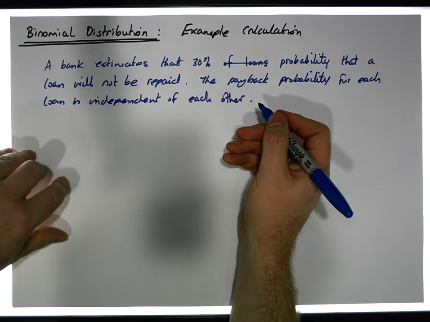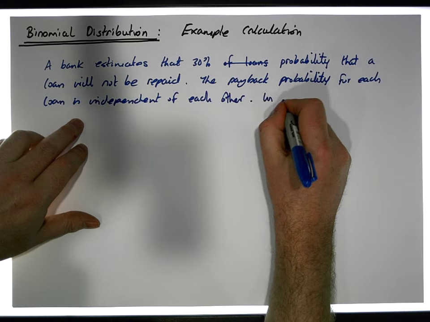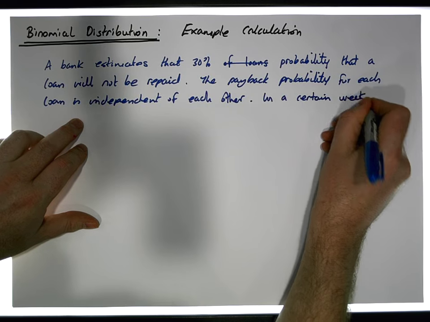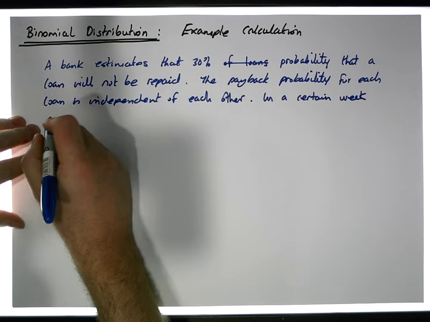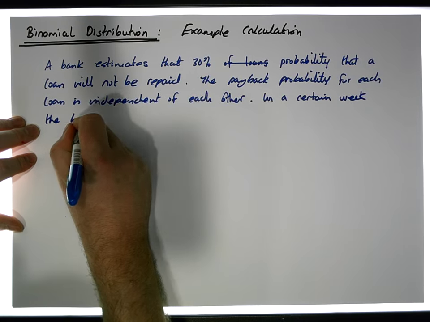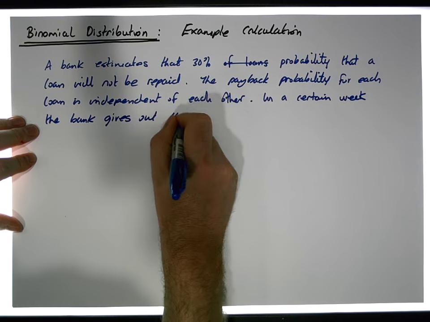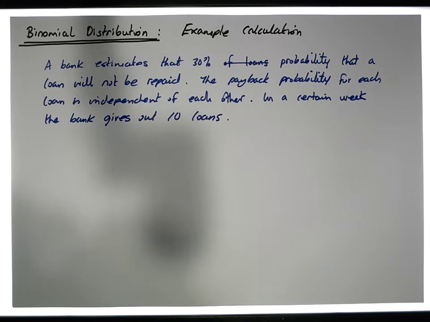And let's consider this particular scenario in a certain week. The bank gives out 10 loans. And I've got a few questions that we'd like to answer with respect to this particular scenario.